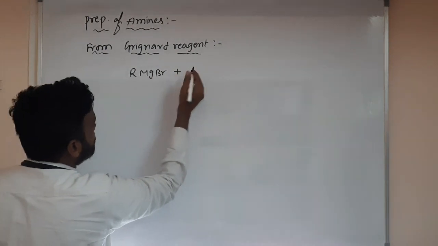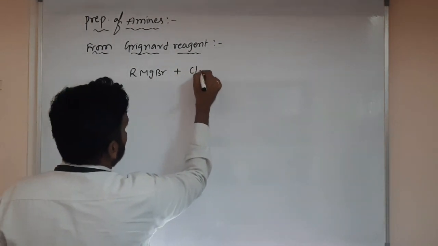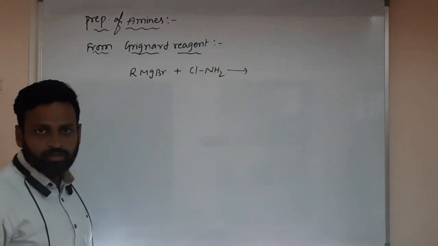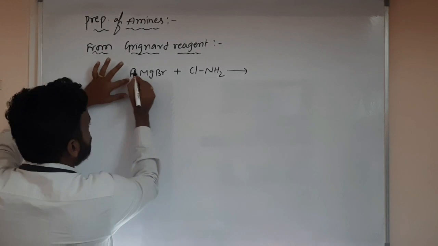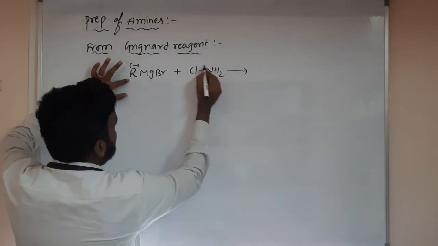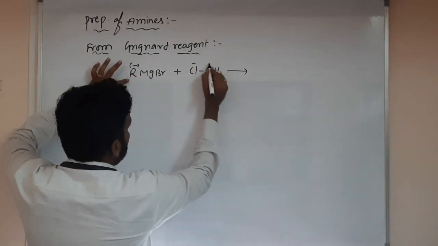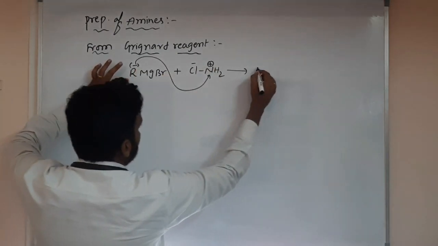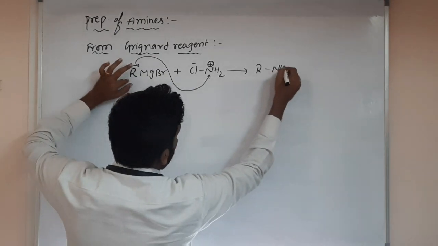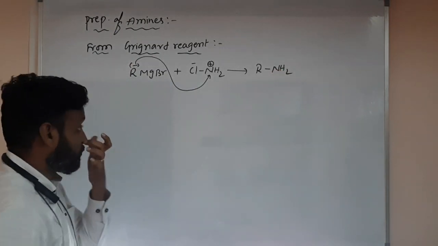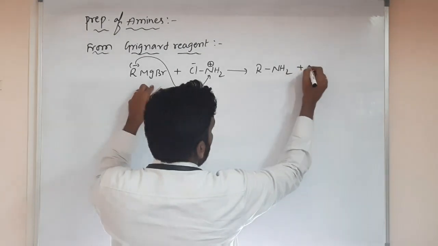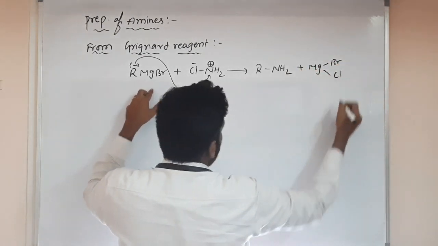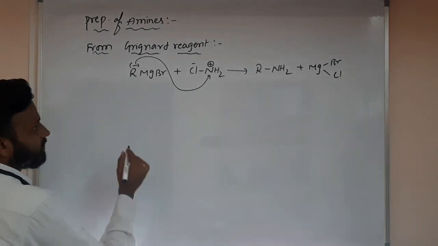When it reacts with Cl-NH2, R minus goes with NH2 plus, and Cl minus goes with MgBr. So you will have RNH2, and you will have MgBr and chlorine as well. Understood? So you have amines.